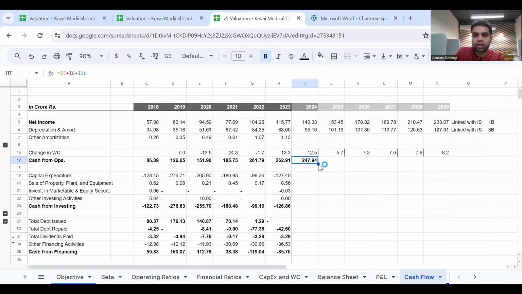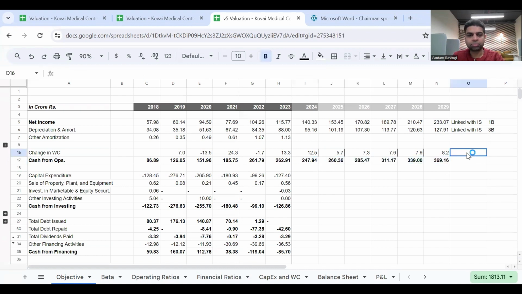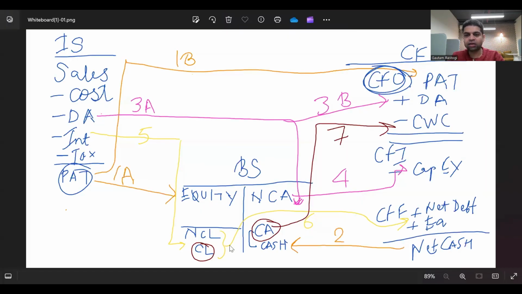So now cash flow from operation is this plus this plus this. You drag it. So this is your cash flow from operations. So we are done with the cash flow from operations modeling. Just for the sake of tracking, if you see CA and CL, they are linked with cash flow from operations, and the label nomenclature is 7.